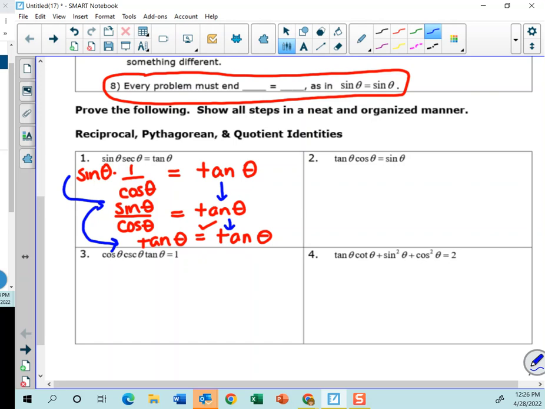So you might want to stop and try number 2 and number 3 because they're both very similar. They use both the reciprocal identities and or the quotient identities to make the proof happen.